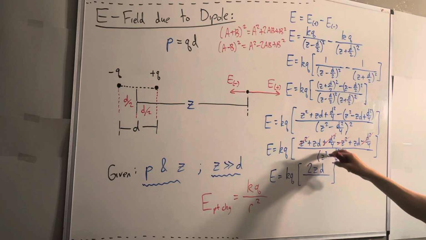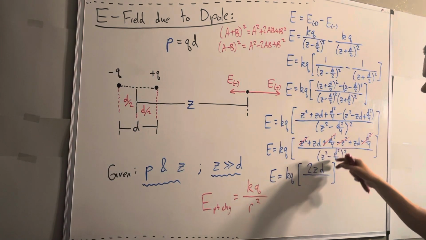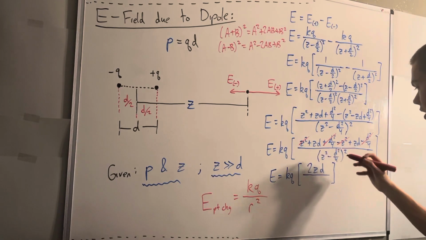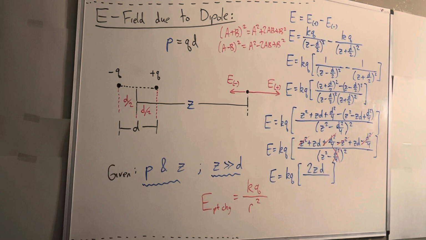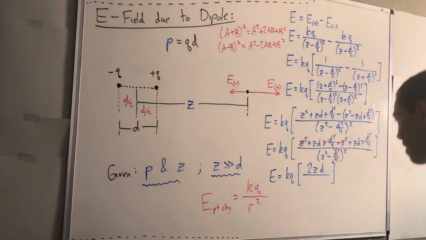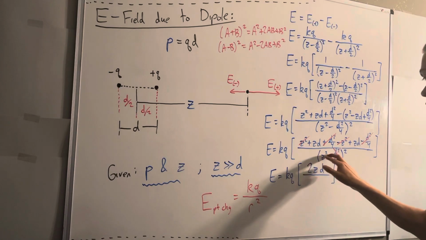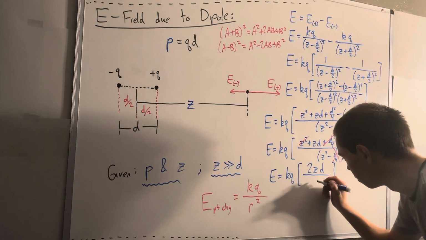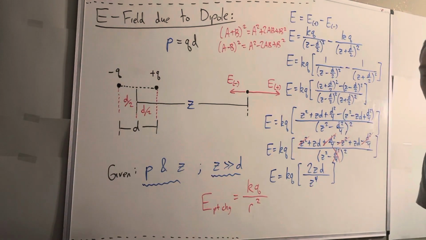Like if Z is a value 3 and D is a value of like 0.000001, then that term would not matter. D squared over 4 doesn't matter if D is insignificant compared to Z. So really what we get in our denominator is Z squared squared, or Z to the power 4. That's where we're at now.